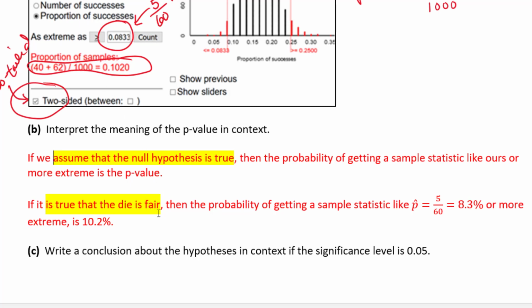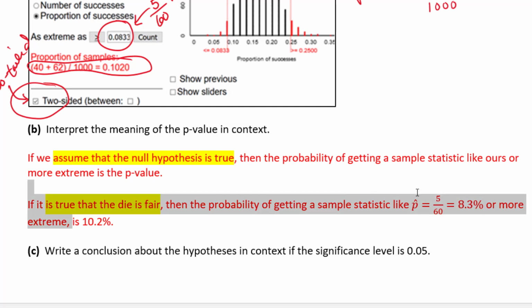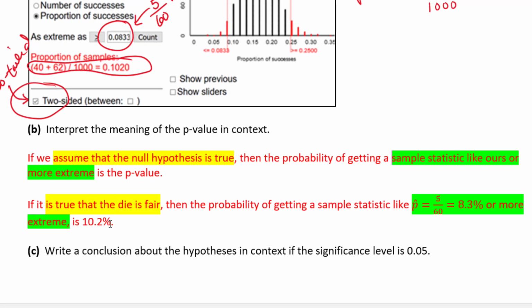So if it is true that the die is fair, then the probability of getting a sample statistic like p-hat equals 8.3% or more extreme, so that's like a sample statistic like ours or more extreme, is 10.2%. That's the p-value.